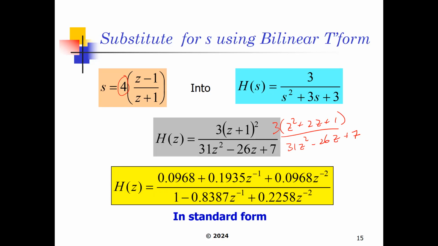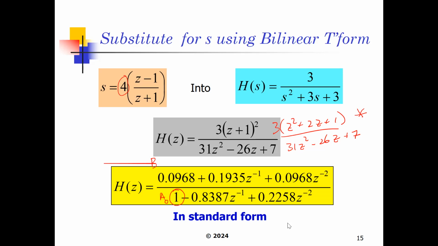And if you expand it out, and after you've simplified this, you convert it into standard form. Standard form means you go from the positive to the negative in the powers of Z, and you make the first coefficient, right? Remember, this is the B coefficients here and the A coefficients. This will be A0.